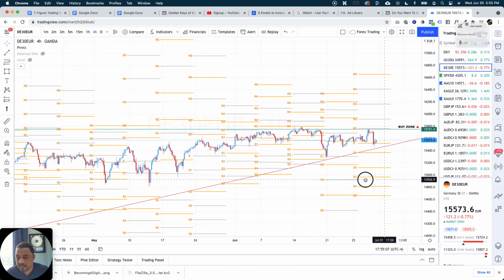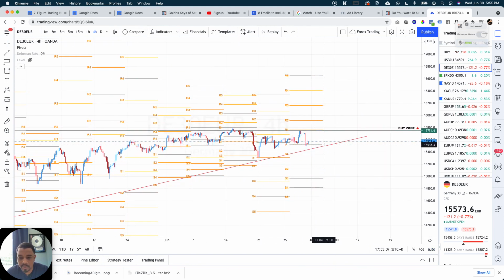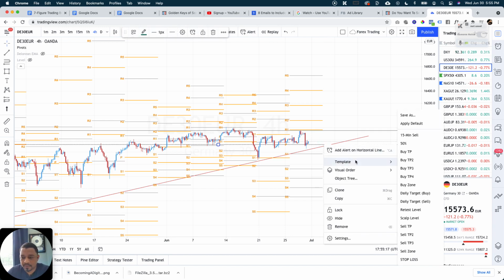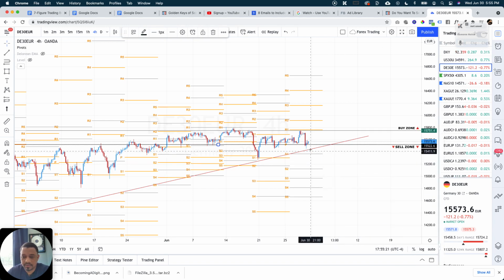So again, I buy pivots and breakouts. So this would be my sell zone. Then my target would be this pivot point right here.